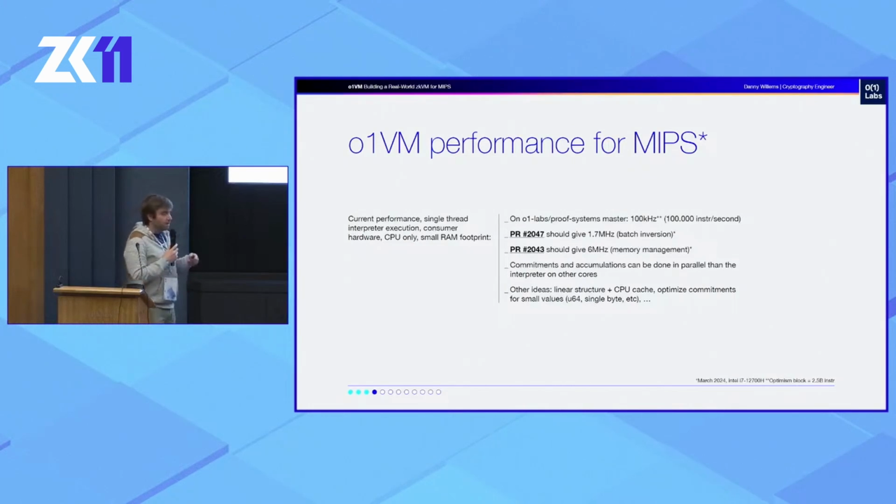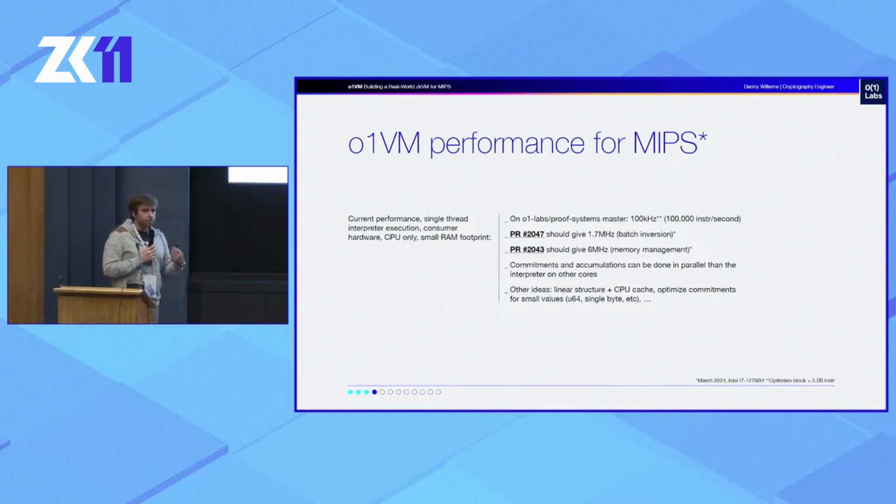And also, for the memory of the VM, at the moment in master it is a page index memory layout. It's not efficient at all to implement it like this. So by using a linear memory layout, we can use the CPU cache, and it's gonna have far better performance, and it gives us on one laptop 6 megahertz for the witness generation.